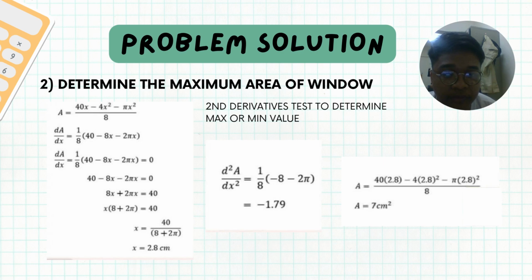We get a negative value, so we get the maximum area. So we substitute into the equation 40x minus 4x squared minus pi x squared over 8. We substitute x with 2.8, so we get 7 centimeters squared.